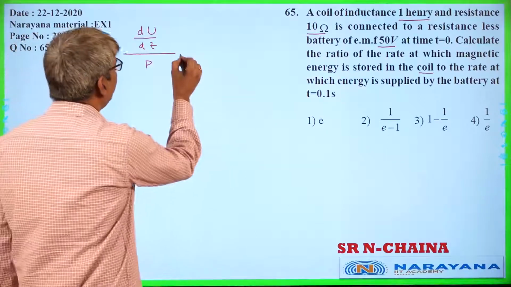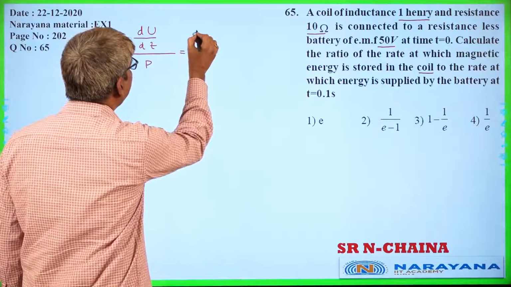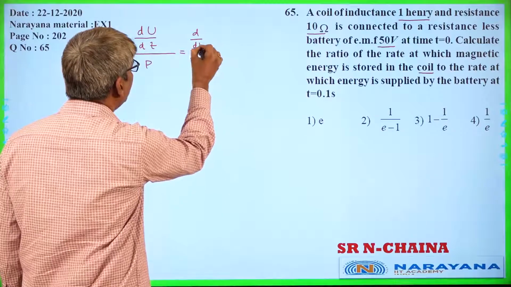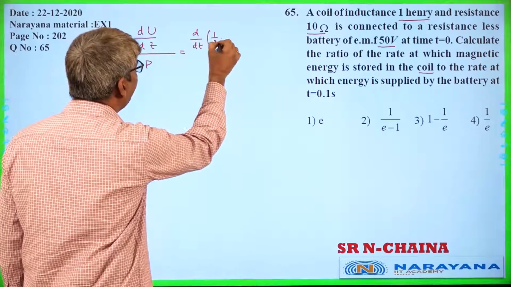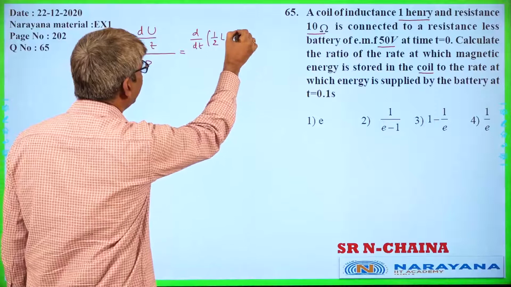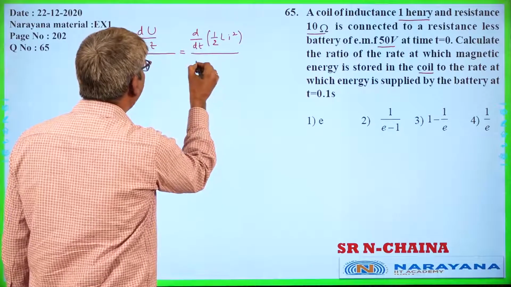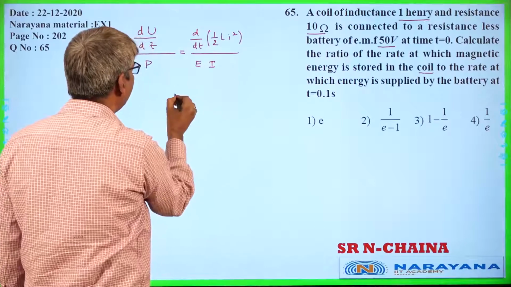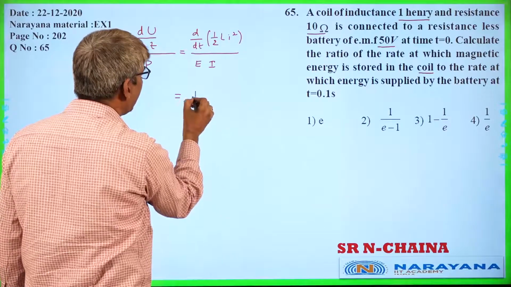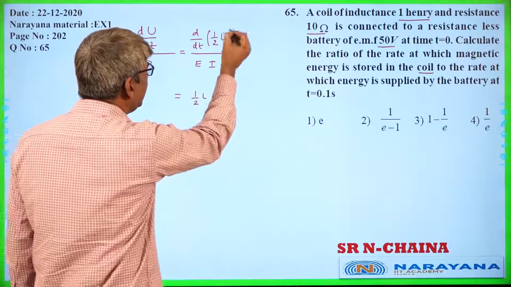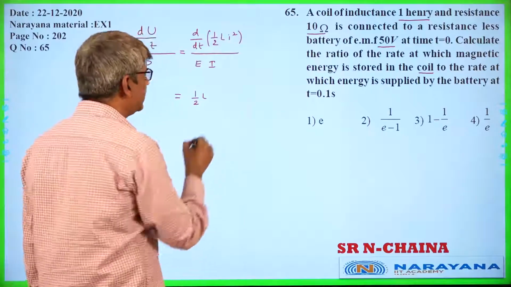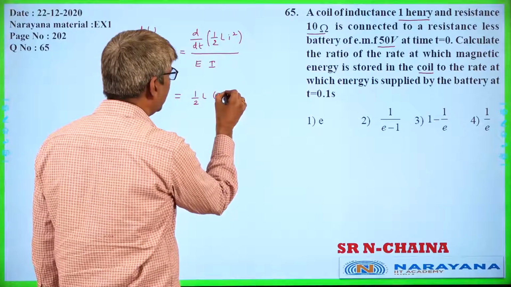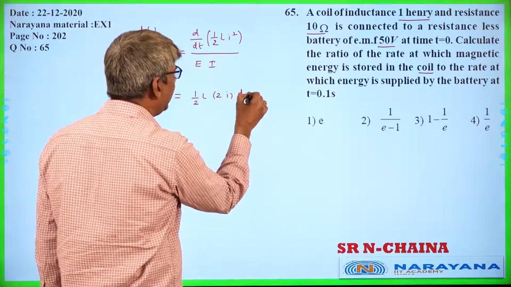So first I can write d by dt of the energy stored in the inductor, which is half L I square, divided by the power of the battery, which is EMF of the battery into I. Therefore, this can be written as d by dt of L I square by 2, L is a constant, and d by dt of I square is 2I into dI by dt.